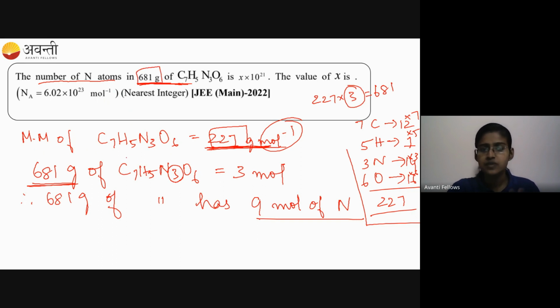Since we have 3 nitrogen in each, and if I want to find out the number of moles of nitrogen alone, I have to take the number of atoms of nitrogen, that is 3, into this 3, which gives me 9. So 9 mole of nitrogen is present in 681 gram of the compound.